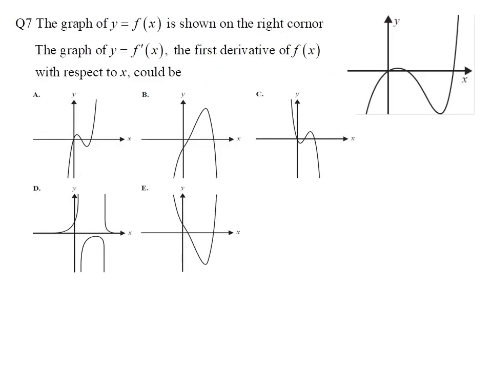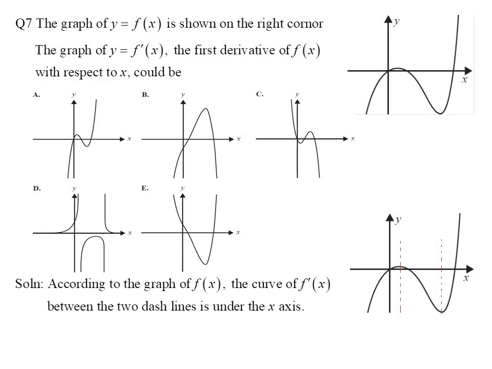In question 7, the graph of the function y equals f of x is shown on the right. The question is to find which one of the 5 given graphs is the derivative of f of x. According to the curve of y equals f of x, its derivative between the local maximum and the local minimum is less than 0, as it can be seen that the derivative curve between the two dashed lines is negative.